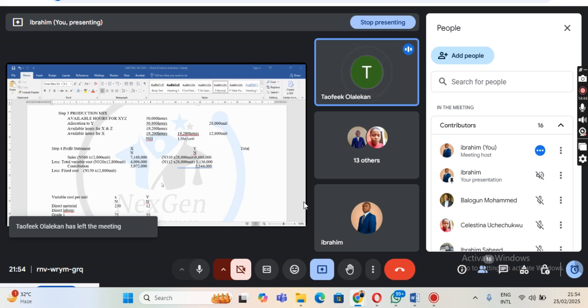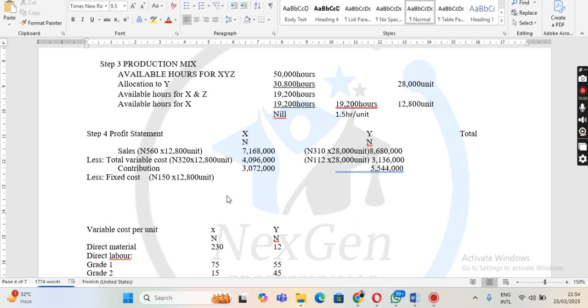So if the fixed cost is not calculated per unit, we will have to use our total fixed cost without even comparing the unit we are allocated to produce for this product X. So because the fixed cost is calculated per unit, that's why we can use 12,800.